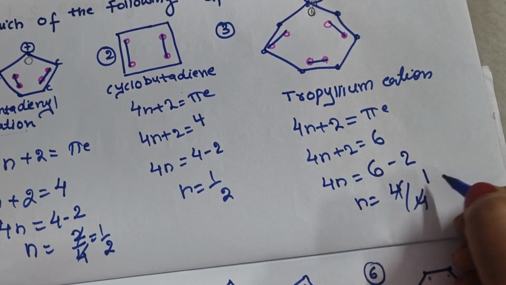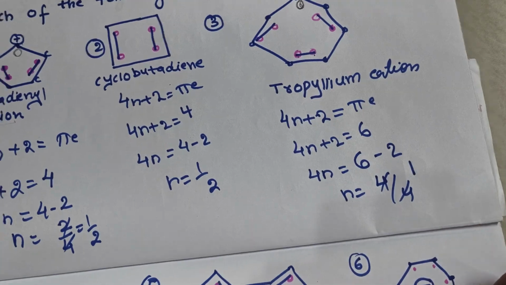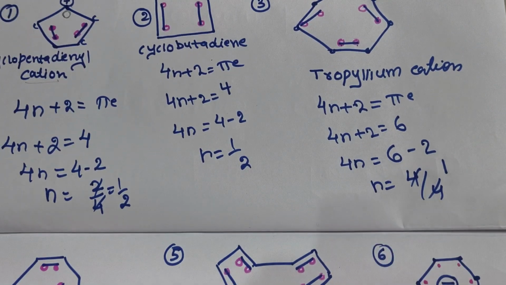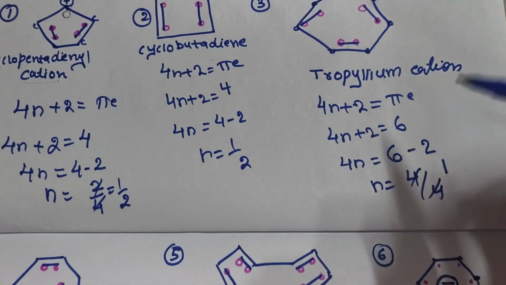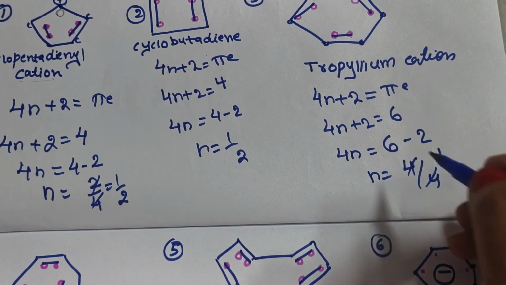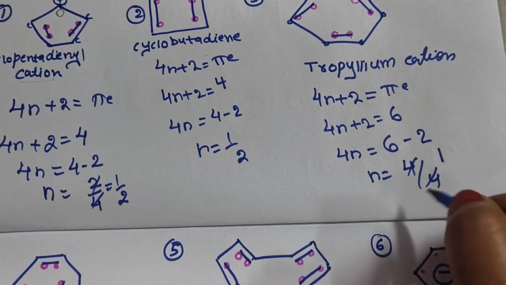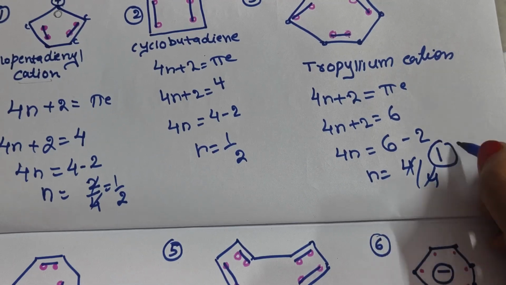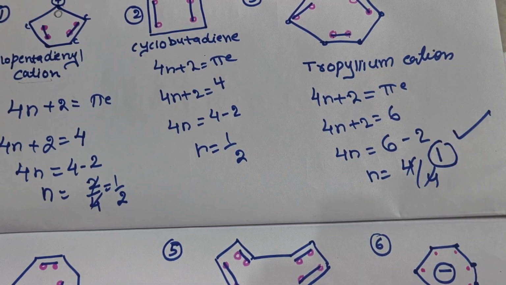So you will get n equals 1. It means that this compound has a whole number value, n equals 1, so it obeys Huckel's rule. Hence this tropylium cation is an aromatic compound.